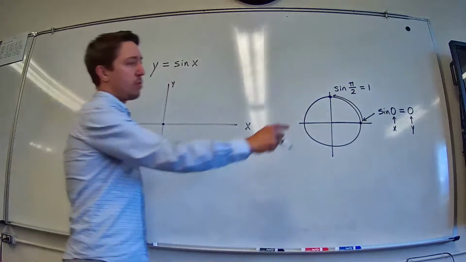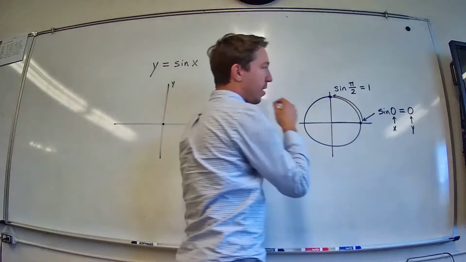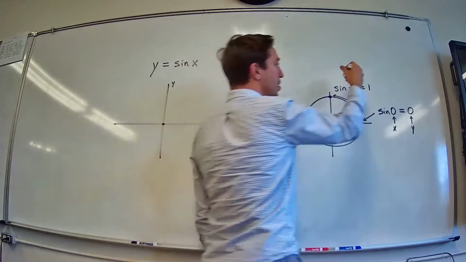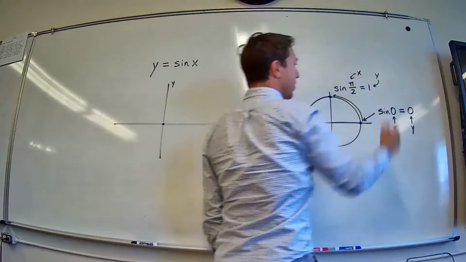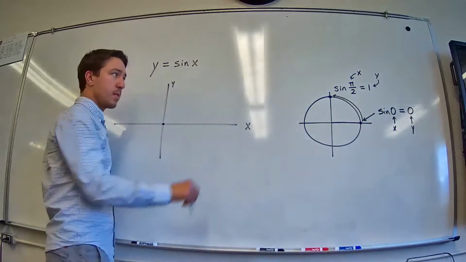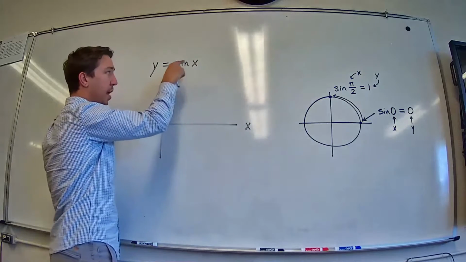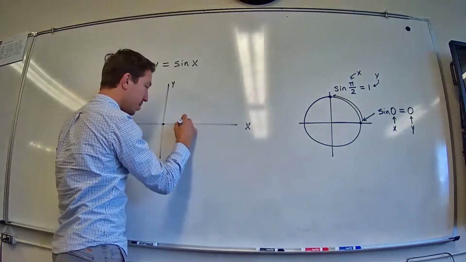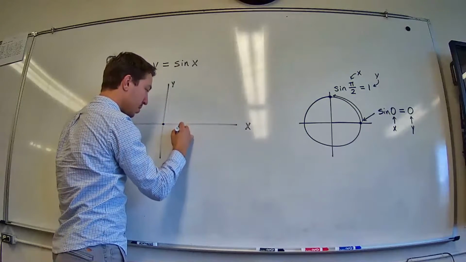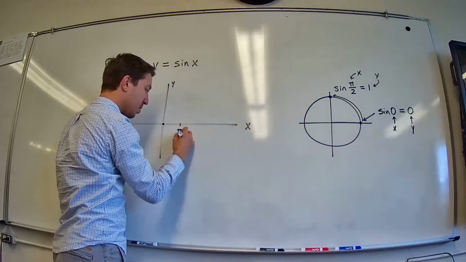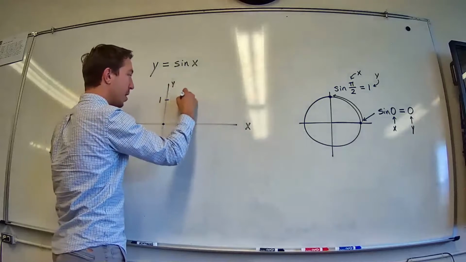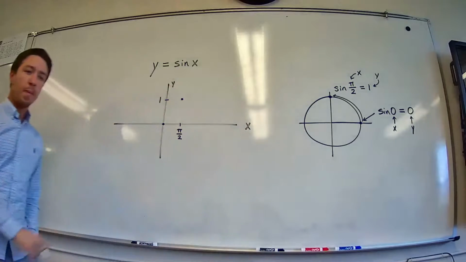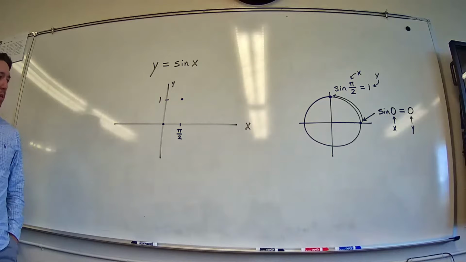So which of those numbers is the x value and which one's the y value? Pi over 2 is the x. How do we feel so far? Makes sense. So on this graph, when x is pi over 2, the y value is 1. So I'm going to put that point right there. So right now we just have two.